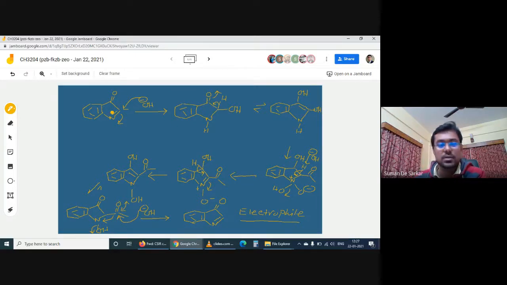So this guy will serve as nucleophile. Just the simple modification of this electrophile by adding this OH minus and simple tautomerization will get this species. This will serve as nucleophile in our case.